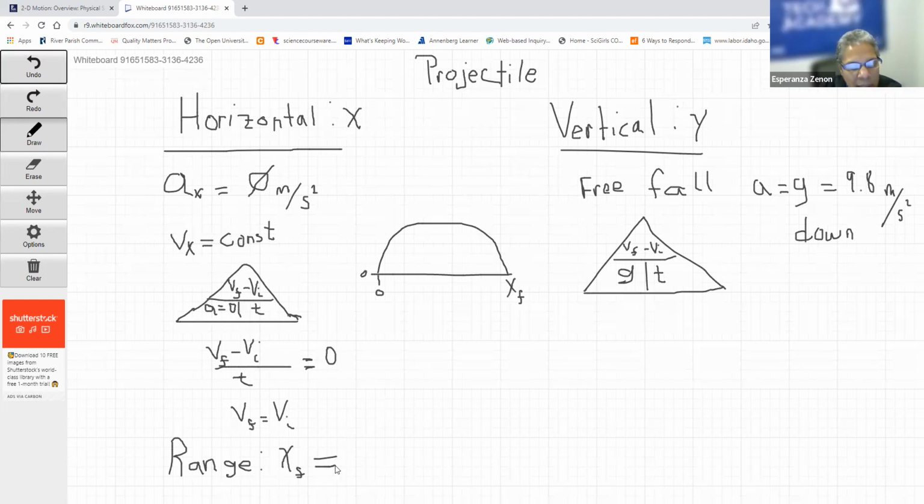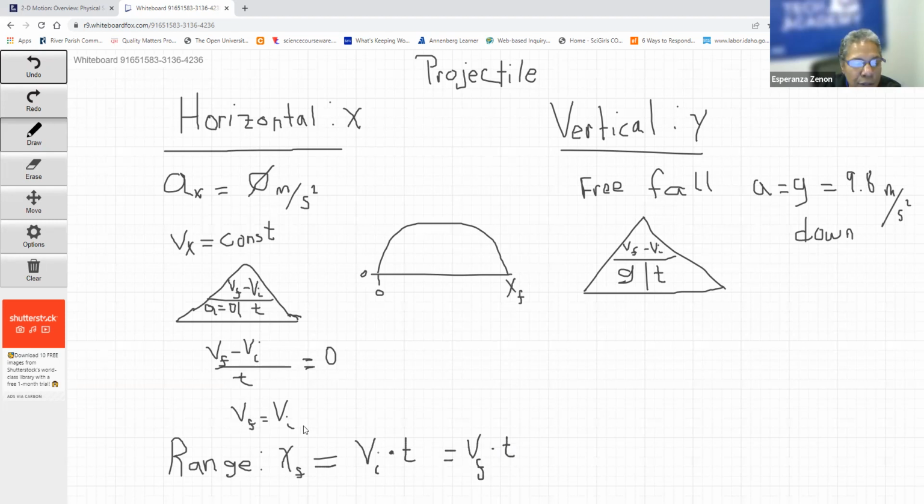Okay. And that equals, you can write it either way you want. You can write it X final equals VI times T. Or you can write it as VF times T. Why?